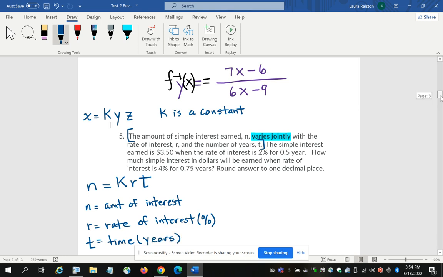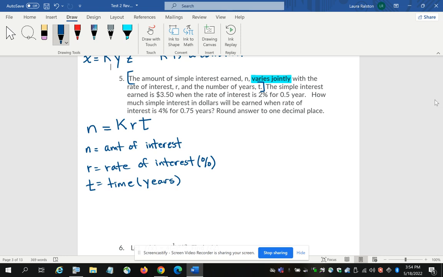And again, K in the formula is a constant, and at this point we don't know what that constant value is. So the first sentence in the problem kind of gives you the formula you're going to need.